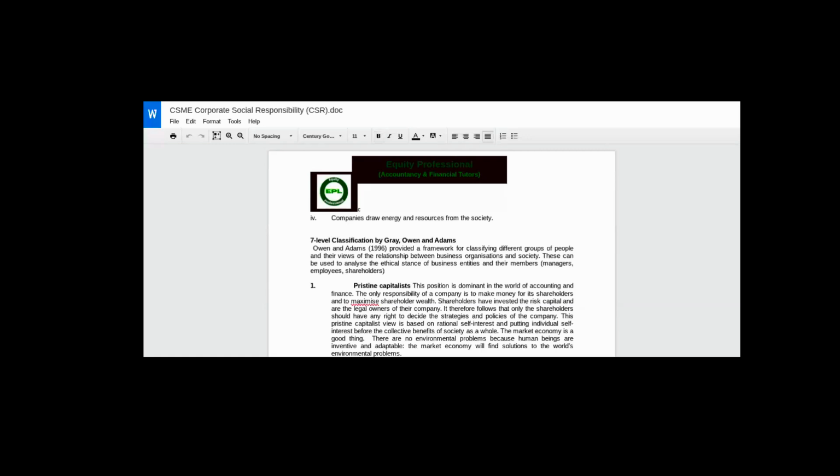So, trust me, I will do justice and summarize it. The 7-level classification by Gray, Owen, and Adams is a framework that these scholars use to summarize the different perceptions, opinions, and contributions about the relationship between the company and the society with respect to CSR.